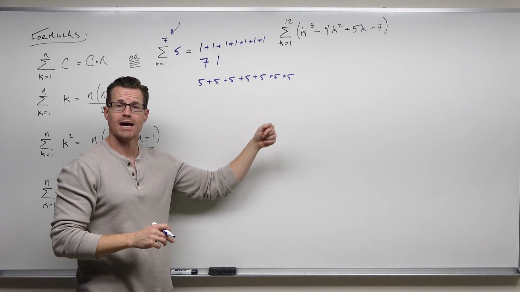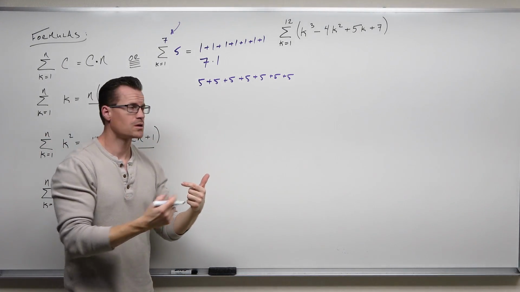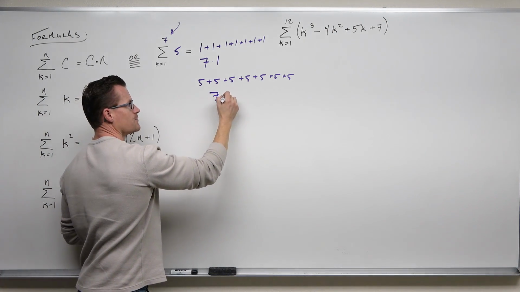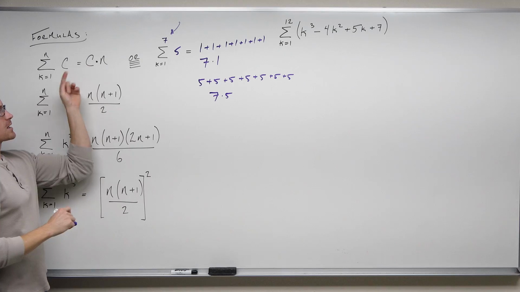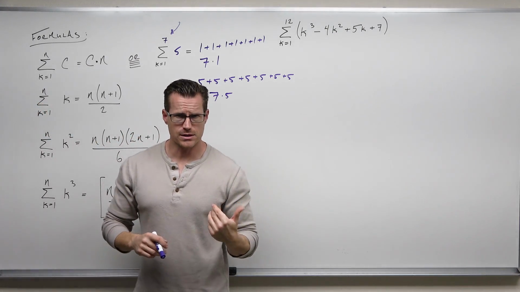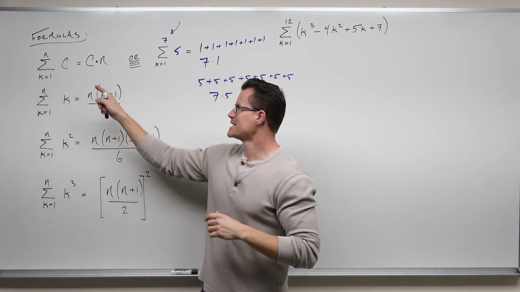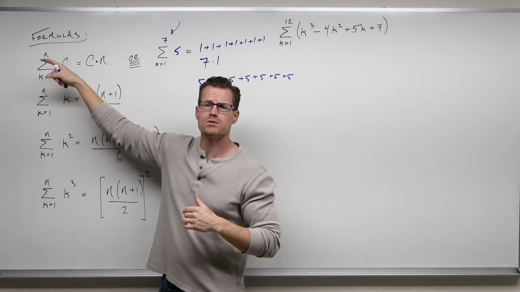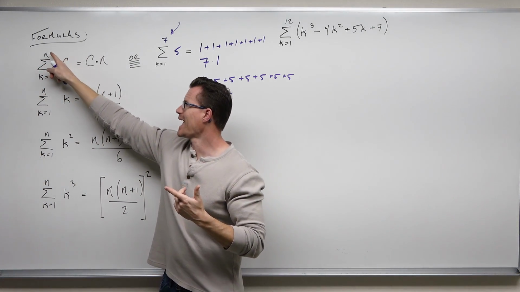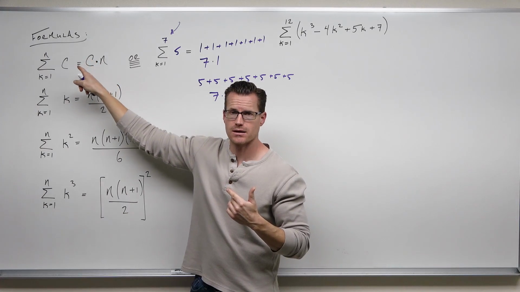Well, how many times have you added the 5? There's 7 terms. 7 times 5 would be 35. This is where that comes from. It says take your constant that's not changing, see how many times you have it repeated. Every time from 1 to n, there will be n repetitions of that constant.